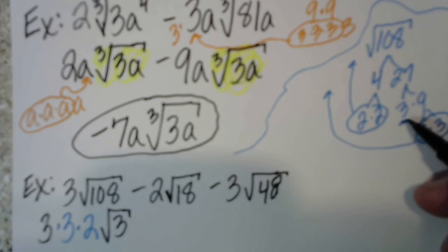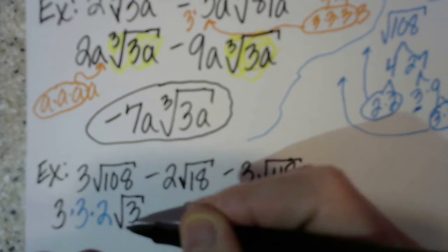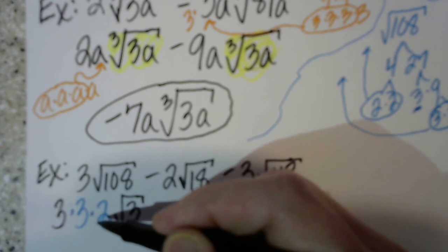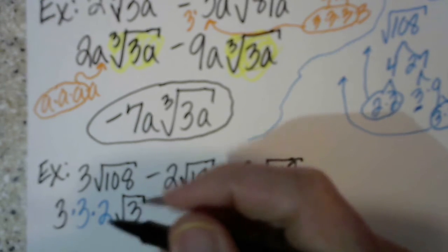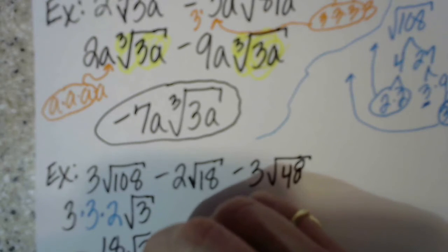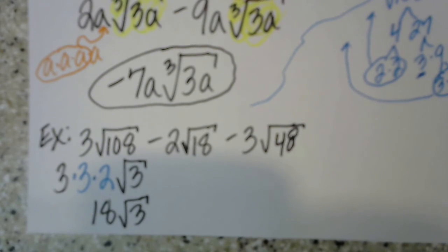This was the 3 that stayed in. So this is kind of what becomes this first term. So 3 times 3 times 2 is 18. Radical 3. So that's the biggest one.